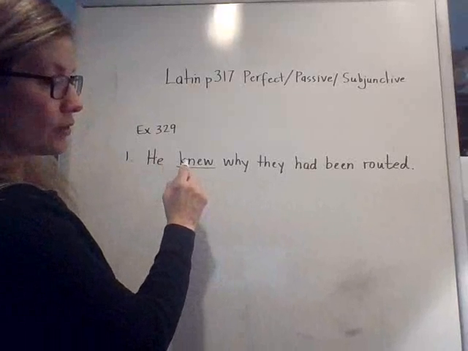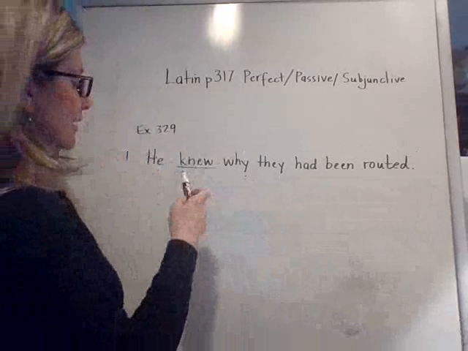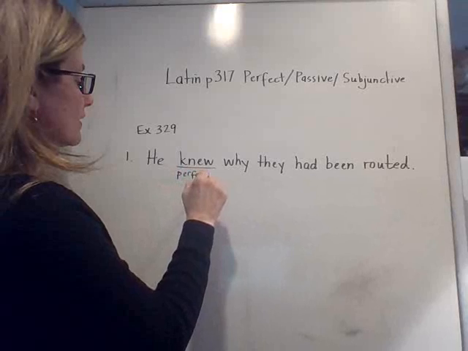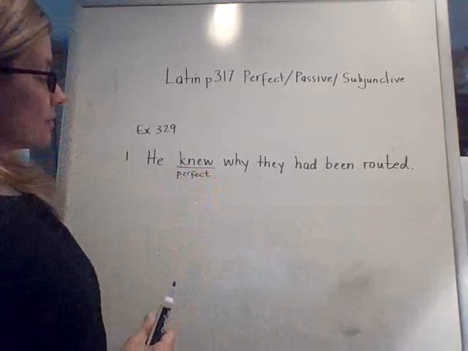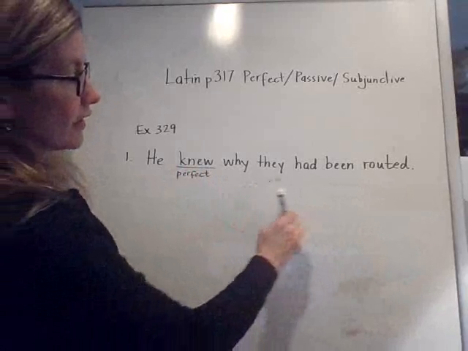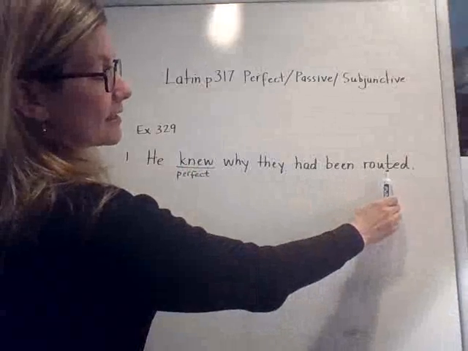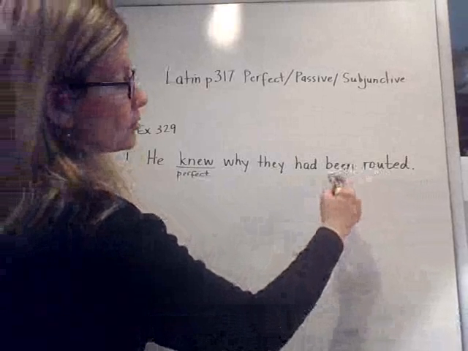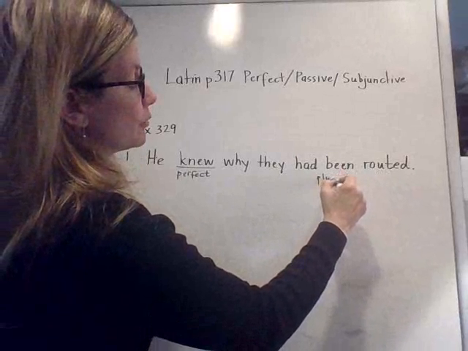So he knew, that is in the perfect tense, which is a secondary tense. Our verb over here, had been routed, is action that is happening before. So over here, we need to use the pluperfect.